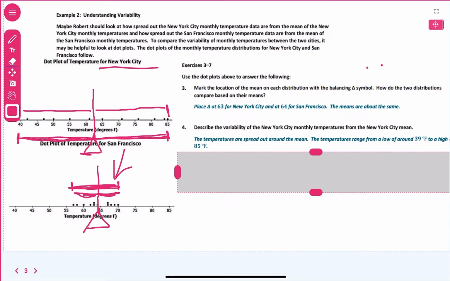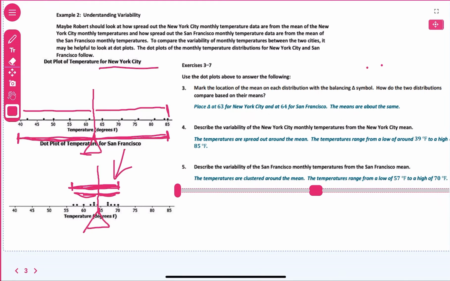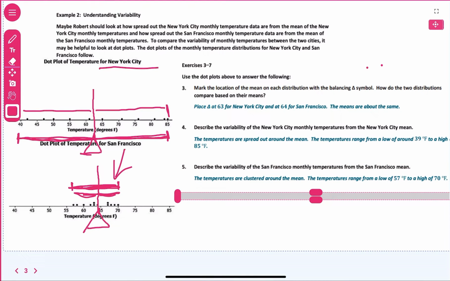So the temperatures are spread out about the mean for New York, and they range from 39 to 85. But for San Francisco, the temperatures are clustered. They're just right here all grouped together. Not that big of a variety. Only from 57 to 70.